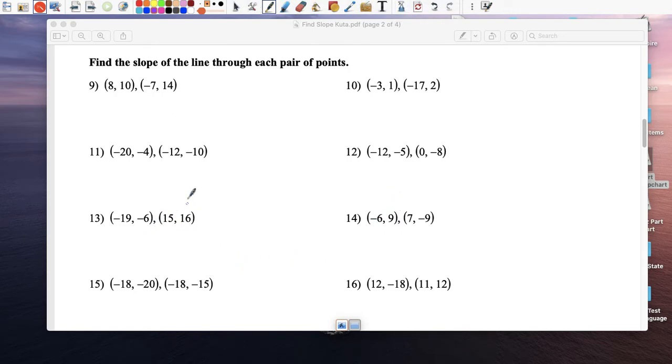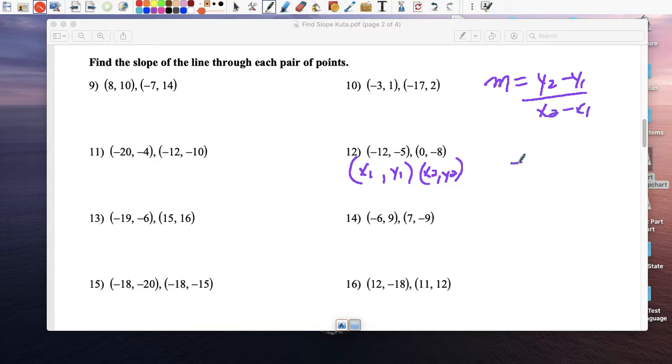Let's pick another one. Again, I'm not going to do all of them. Let's pick 12 because this 12 is right next to me. So x1, y1, x2, y2, and again, m equals y2 minus y1 over x2 minus x1.